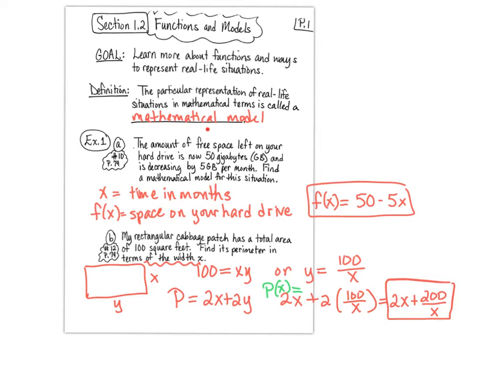So we talked about what a mathematical model is. Particularly, it's a way to represent real life situations in mathematical terms. We went through the example that says the amount of free space left on your hard drive is now 50 gigabytes and it's decreasing by 5 gigabytes per month. Find a mathematical model for this situation.